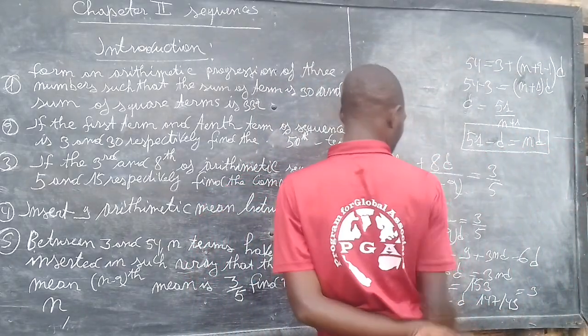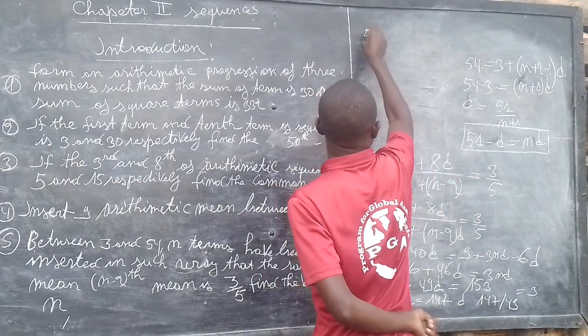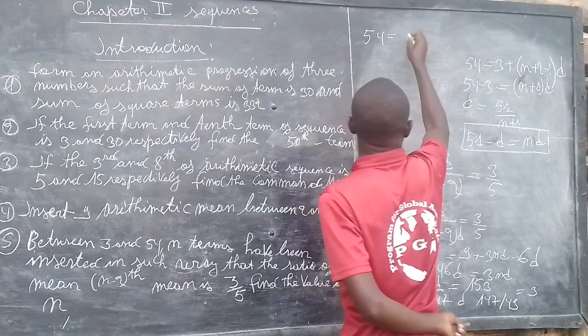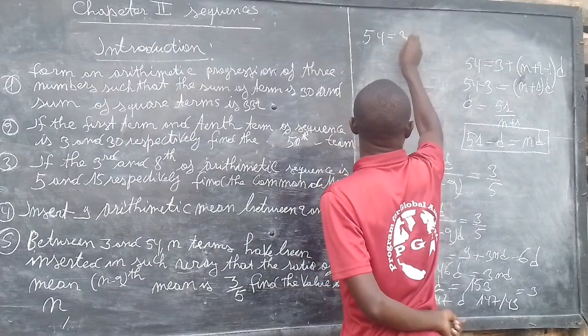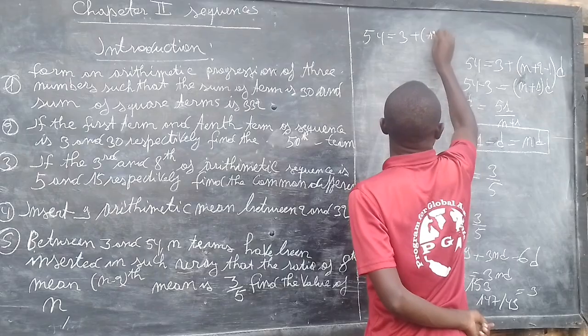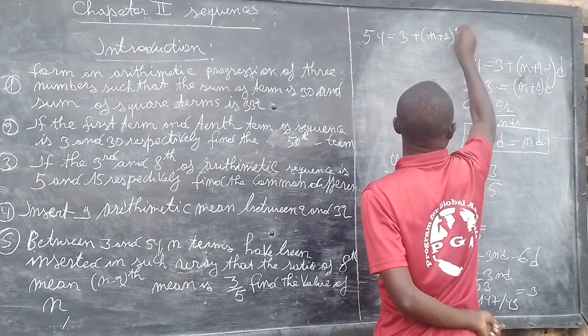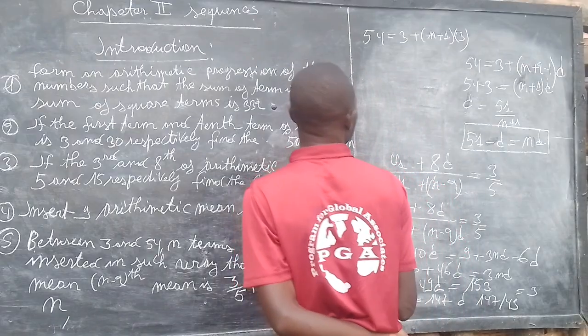Here you see, we have 54, which is equal to 3 plus n plus 1 times 3. So let's determine the number of terms.